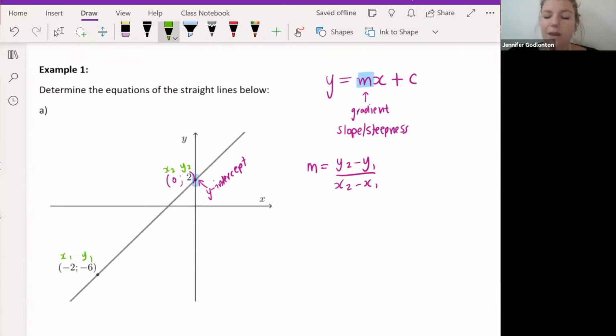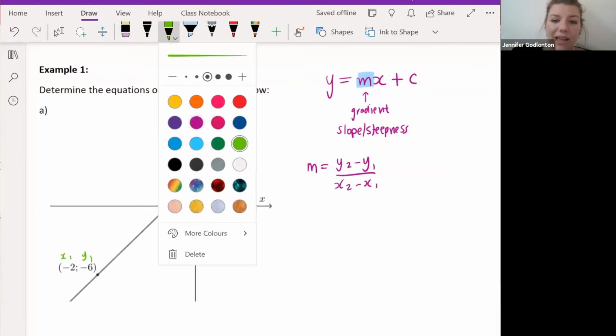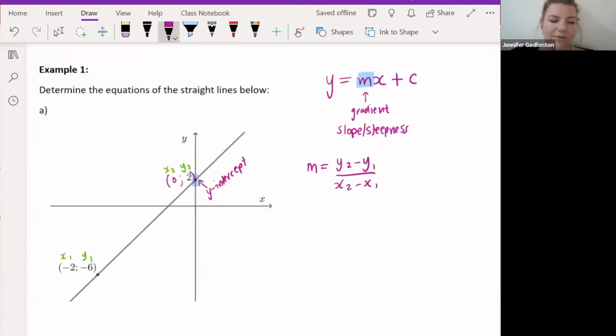Then to find our m, all we're going to do is put that information into our equation. I need y2, that's that one over there, so that's 2 minus y1, which is that one over there, so minus -6, over.